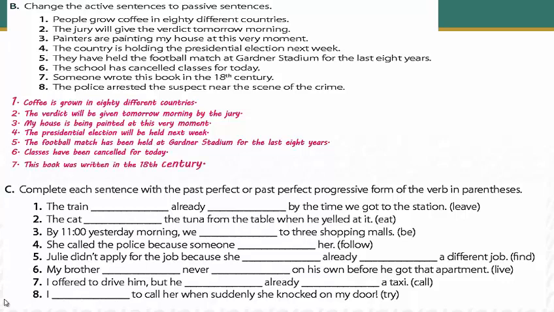Classes have been cancelled for today. This book was written in the 18th century. So this is how to change sentences in different tenses to the passive voice. Complete each sentence with the past perfect or past perfect progressive form of the verb in parentheses.